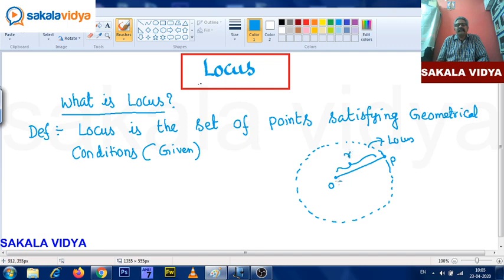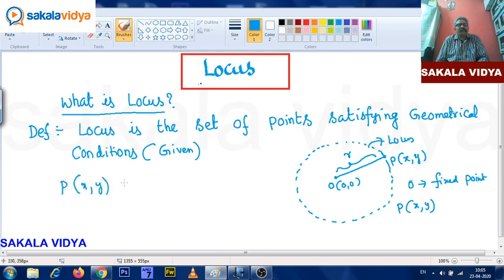This is the origin, 0 comma 0. P is the point x comma y. Here O is called the fixed point, whereas P x comma y is called the variable point, or we can say the moving point.